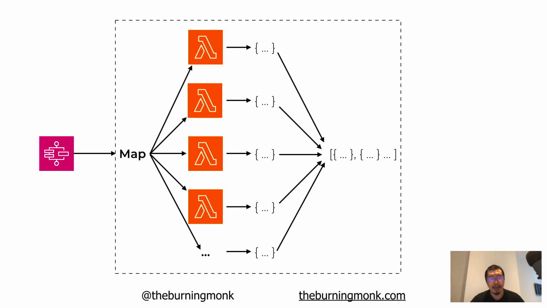The nice thing about the map state is that it collects all these results for us and puts everything into an ordered array so that positionally all the outputs match up with the input array, so you don't have some other process you need to run to keep track of the output for all the different tasks that you have started. And then once you have everything, you can have another step in your workflow to run some reducer logic over the output, which really simplifies these types of MapReduce-like systems.